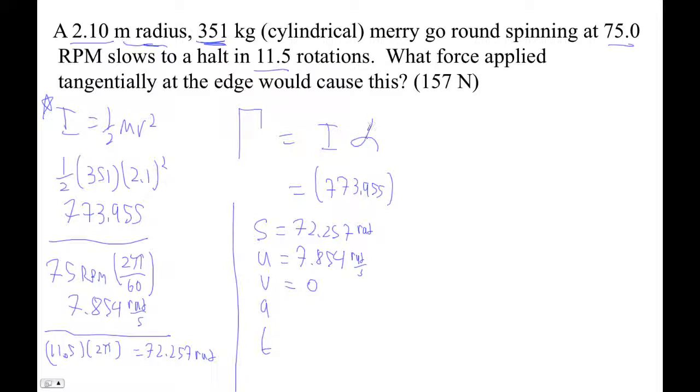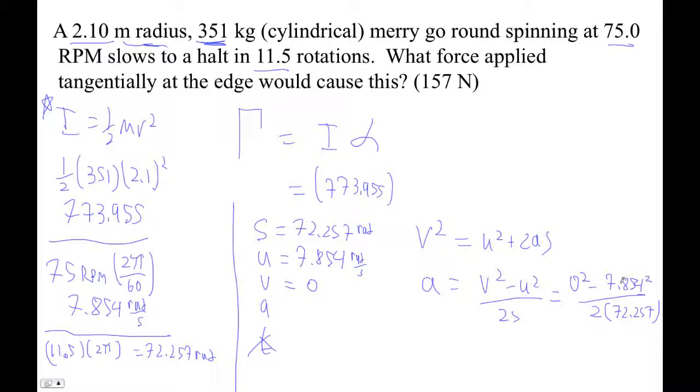And really what we want is alpha. We don't care about t, so we use the no-t equation. So v squared is u squared plus 2as. a is v squared minus u squared over 2s. So that is 0 squared minus 7.854 squared divided by 2 times, what is that, 72.257?